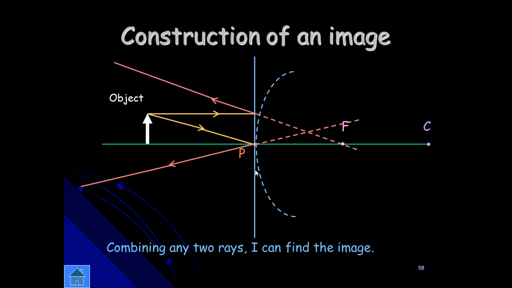So this location here where they cross is where the image is. And we can see we need to describe that image. It's upright, so it is a virtual image. It is diminished.